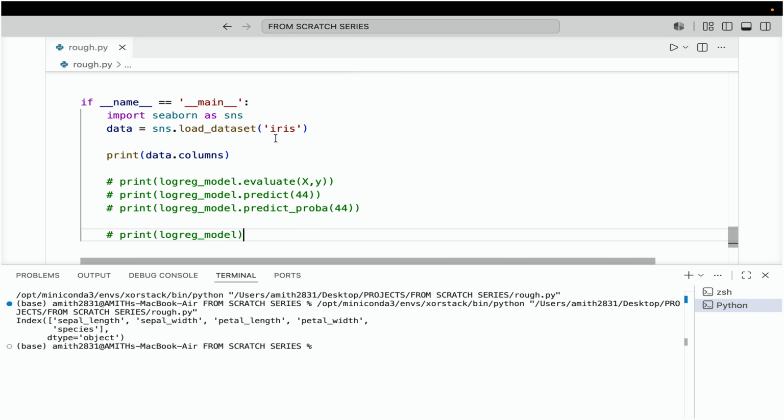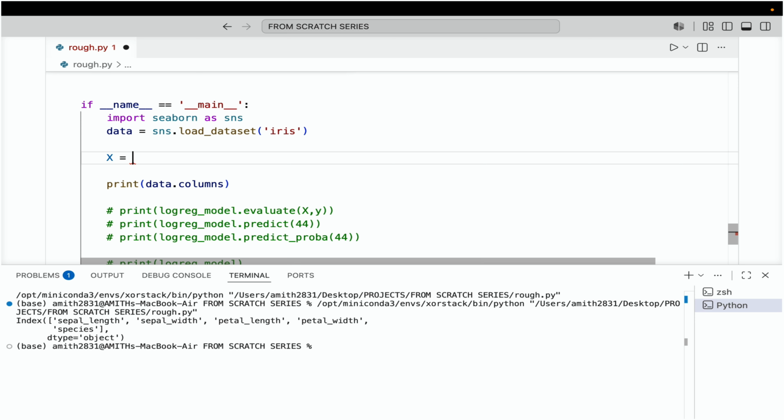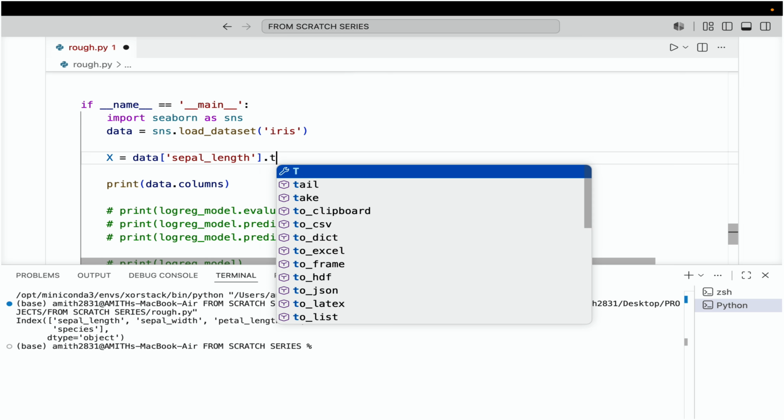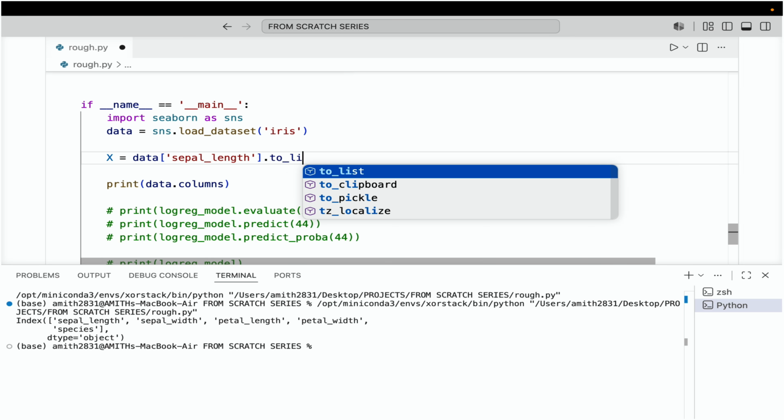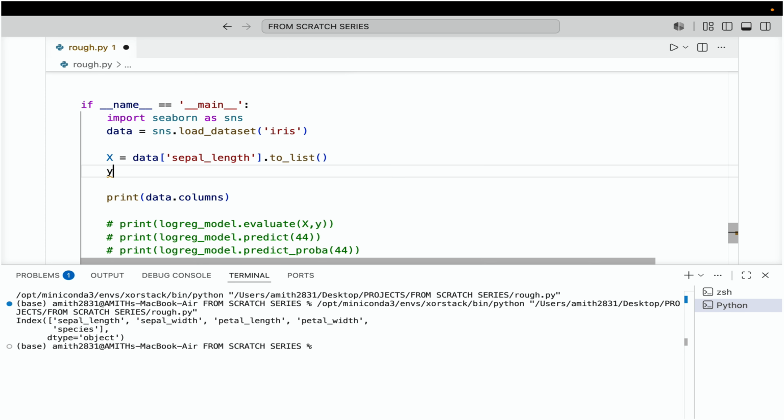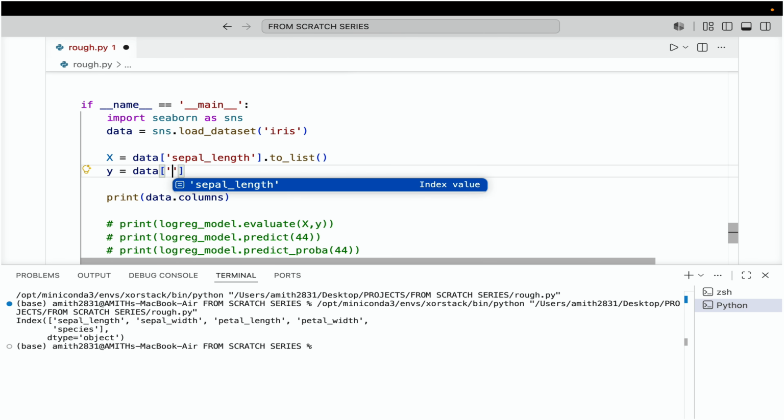No issues. Let me take X to be data of sepal length to list. I don't think this will work.